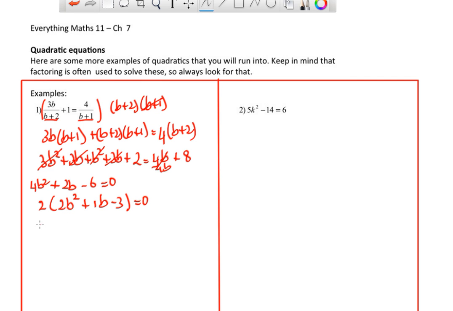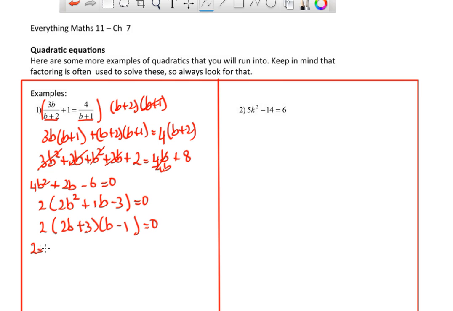And then 2 has to be a 2b and a 1b. And then that's a 3, so we're going to need a 3 and a 1, and one of them has to be negative. So let's see, let's put the 3 here, and if I put the negative 1 there, I'll get 2b times a negative, that's negative 2b plus 3b, so that will work.